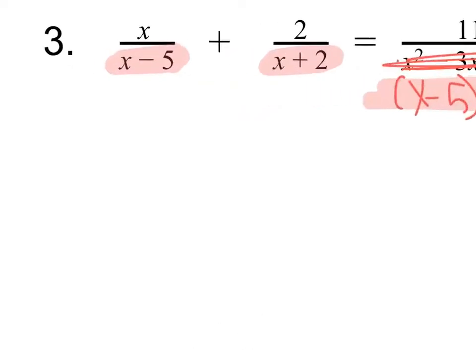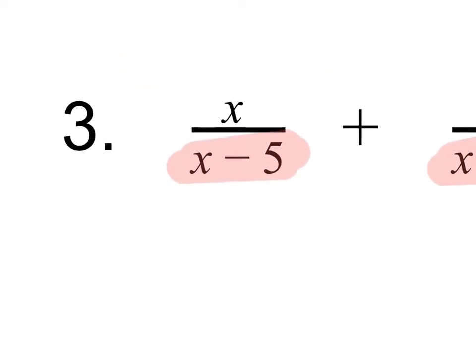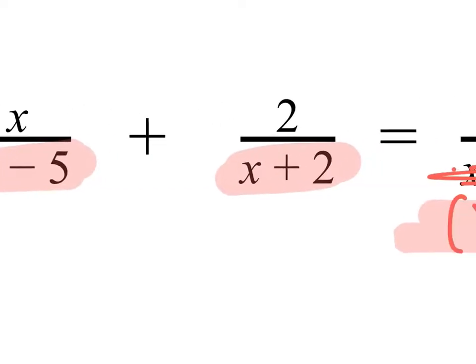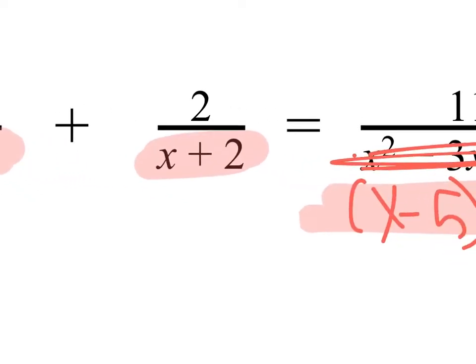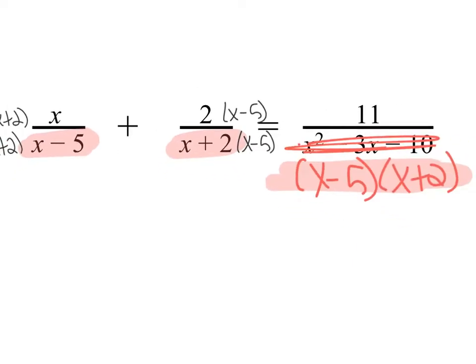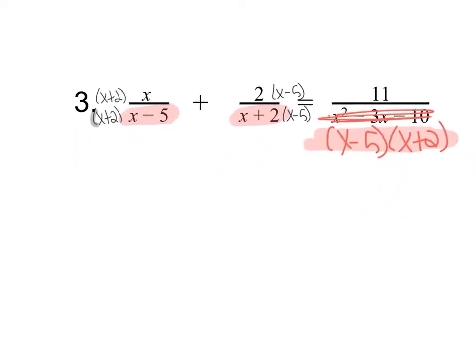So my first term over here, I'm missing an x plus 2, so I need to multiply the top and the bottom by x plus 2. Over here, I'm missing an x minus 5, so I need to multiply the top and the bottom by x minus 5. And on the right, I'm good because I have both of them in the denominator already.